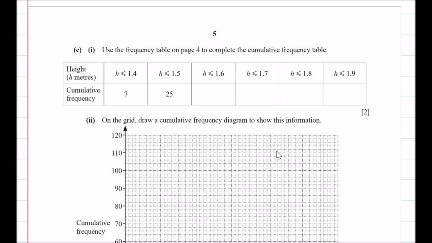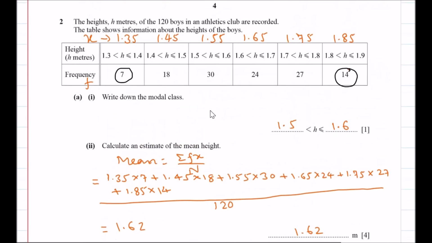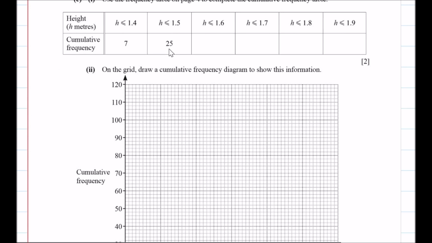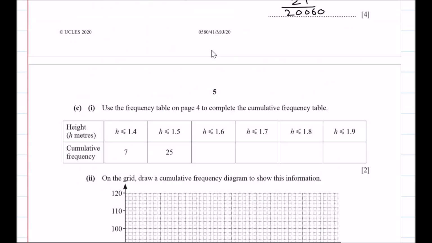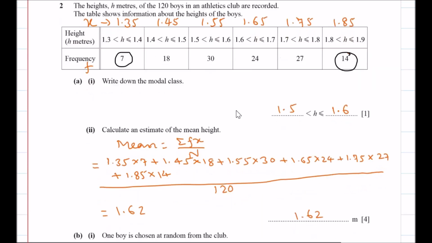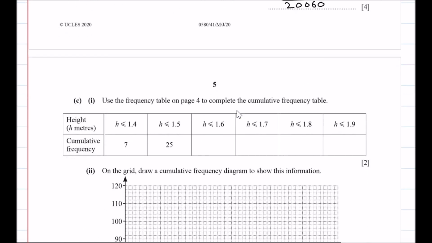You can see here, 7 plus 18 is 25. So that is why 25 is written. Now the third box, 7 plus 18 plus 30, or in short 25 plus 30, that will be 55. So we will be writing 55 here.